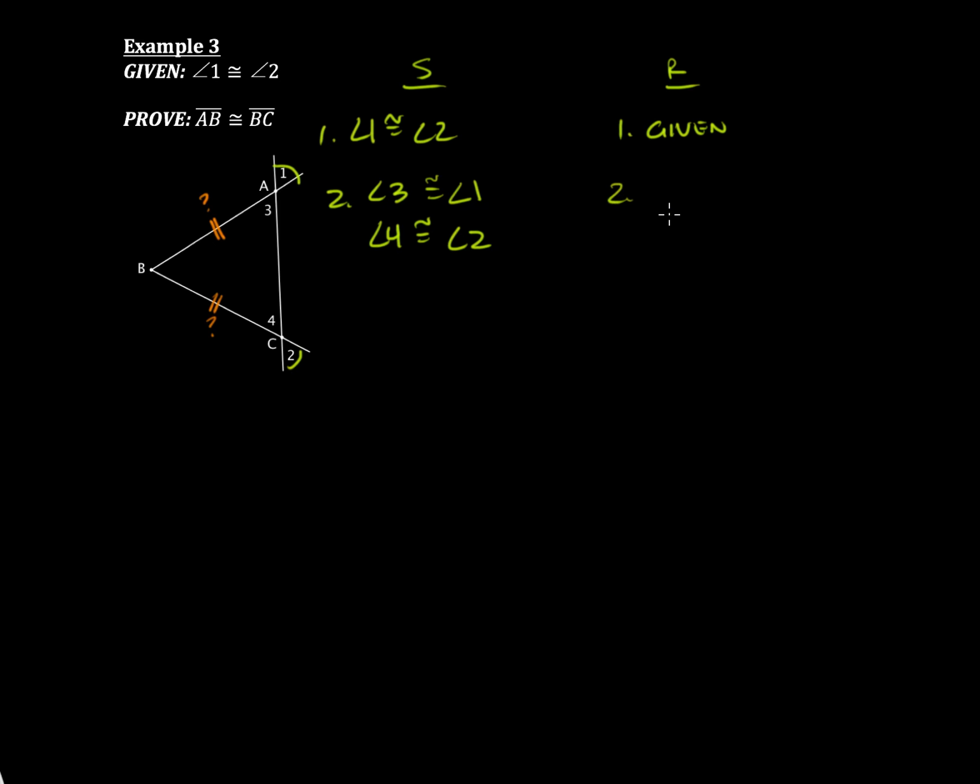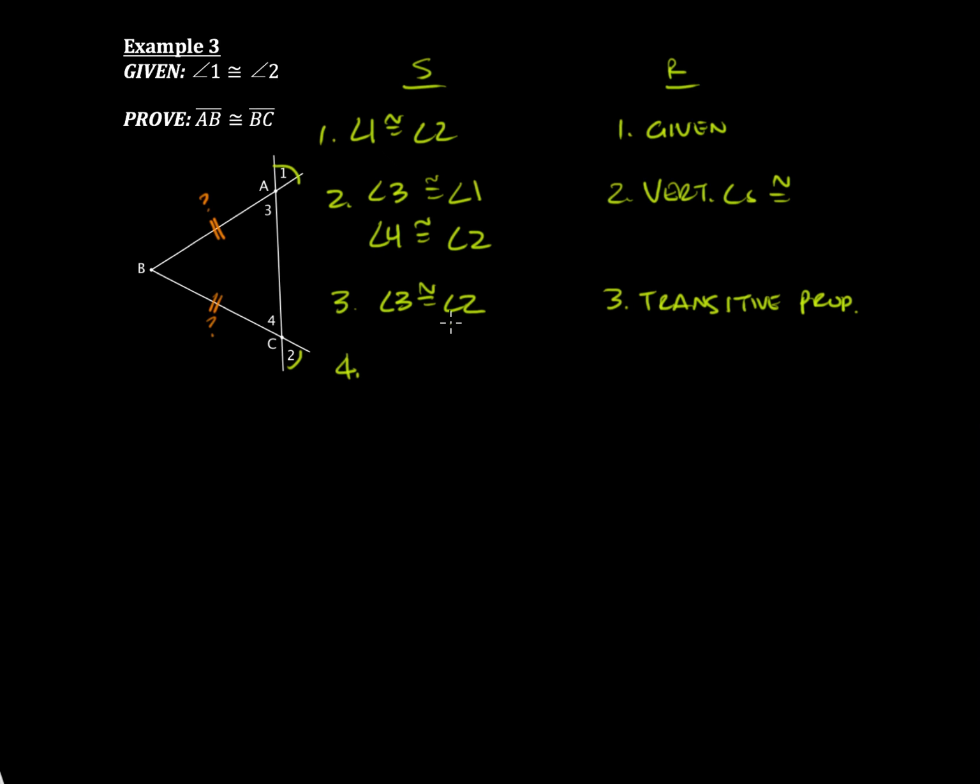Those pairs of angles are congruent because vertical angles are congruent. And that means that if angle 3 is congruent to 1 and 1 is congruent to 2, then angle 3 is congruent to 2 by the transitive property. 3 is congruent to 1 and 1 is congruent to 2 makes 3 congruent to 2.